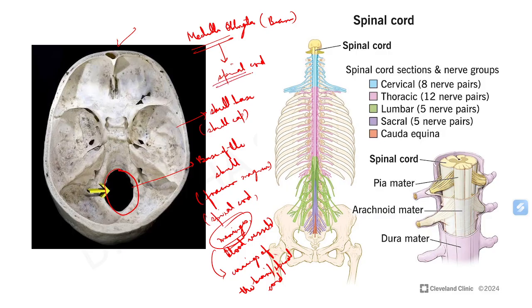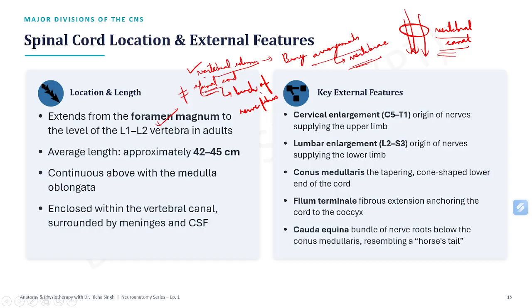So, this spinal cord arises from the foramen magnum. It ends at the level of L1 or L2 vertebrae in the adults. Average length of the spinal cord is 42 to 45 centimeter and it is continuous above with medulla oblongata.